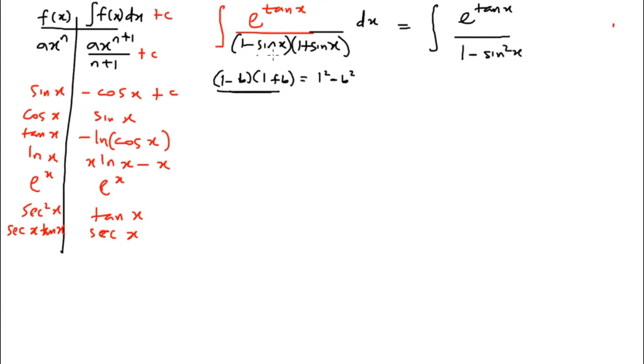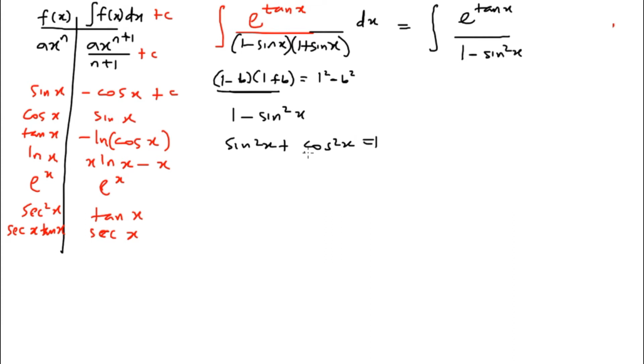By trigonometric substitution, the first trig identity is sine squared x plus cos squared x equal to 1.